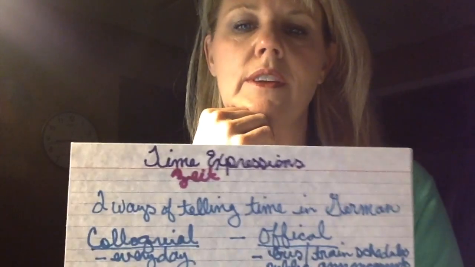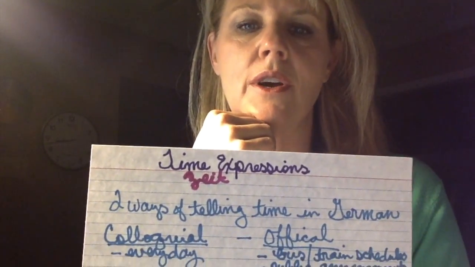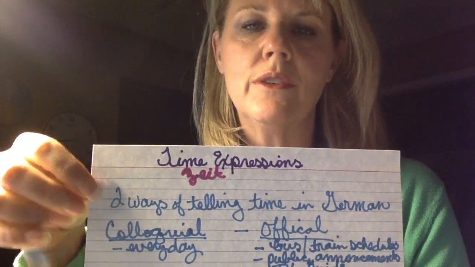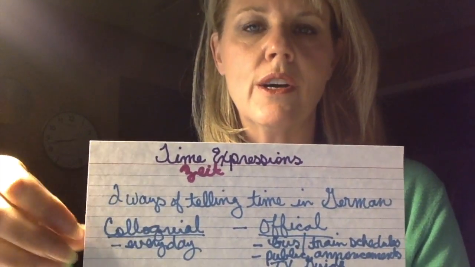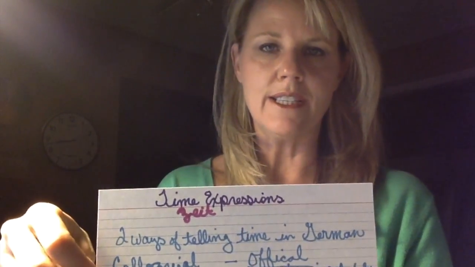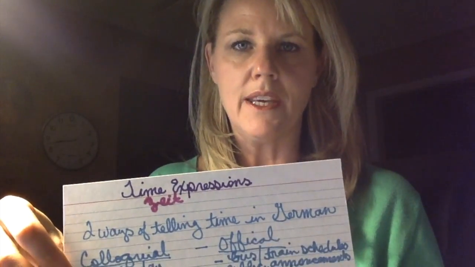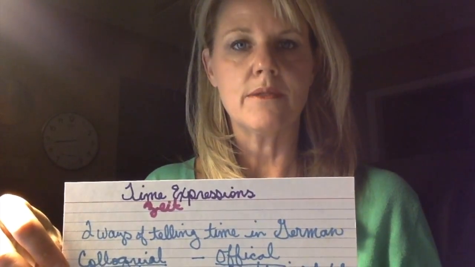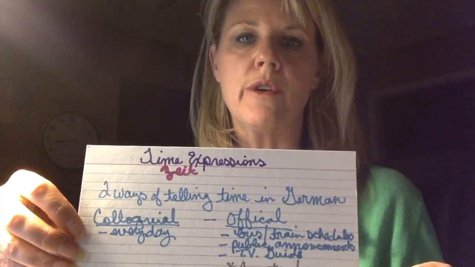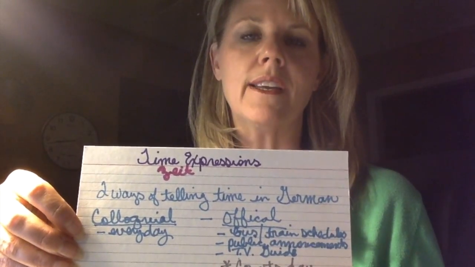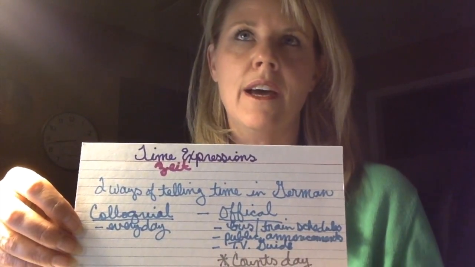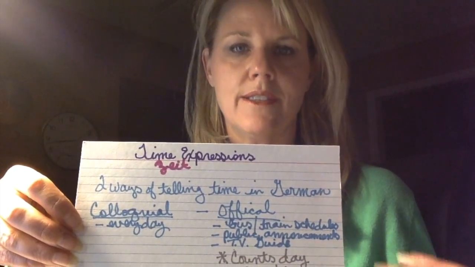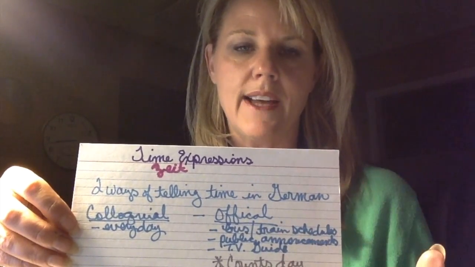There are 2 ways of telling time in the German language. We have colloquial and official. Colloquial is used in your everyday life, everyday speaking. The official is just what it says. For more official public announcements, TV guides, bus, train schedules, things that are more precise.